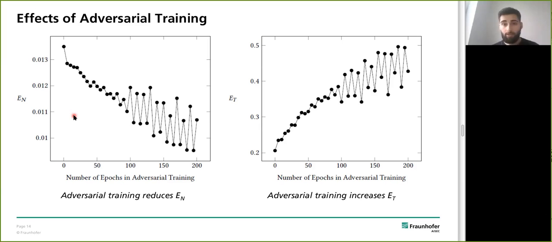Again, note EN is not directly a measure for the information in the neural network. It's related to the information, but it's directly calculated with the activation values in this case. And on the right-hand side, this transition activation entropy, ET, increases in the course of adversarial training. So the more we perform adversarial training, the higher this ET gets.